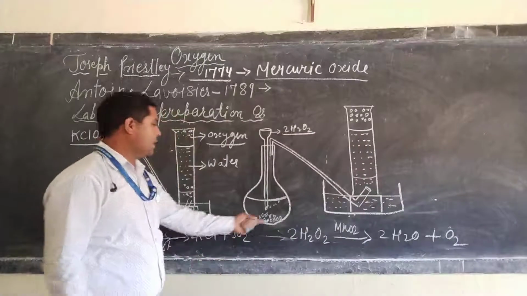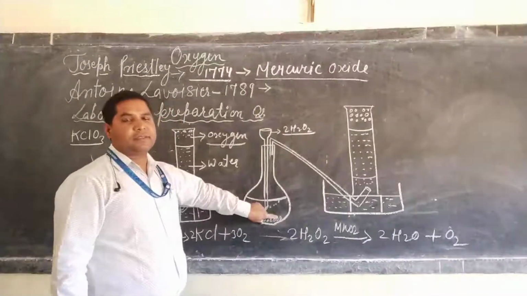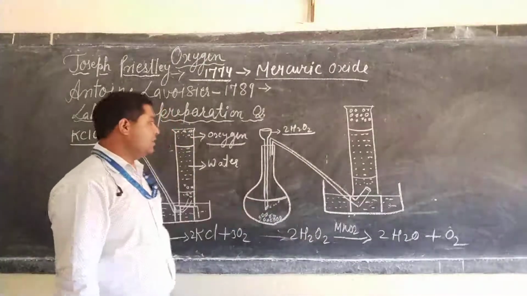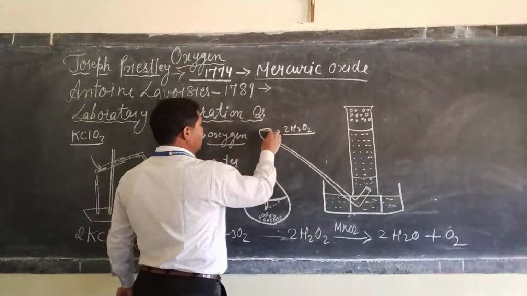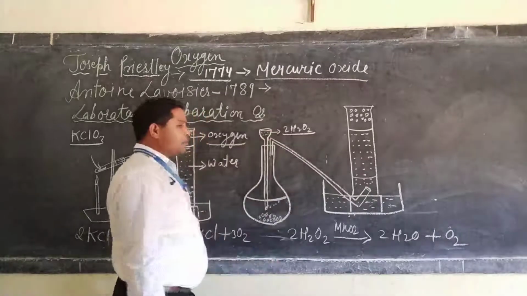Dear student, in the round bottom flask, manganese dioxide in black powder form has been taken, and here you can see a thistle funnel. This is known as a thistle funnel, where there is dilute hydrogen peroxide.